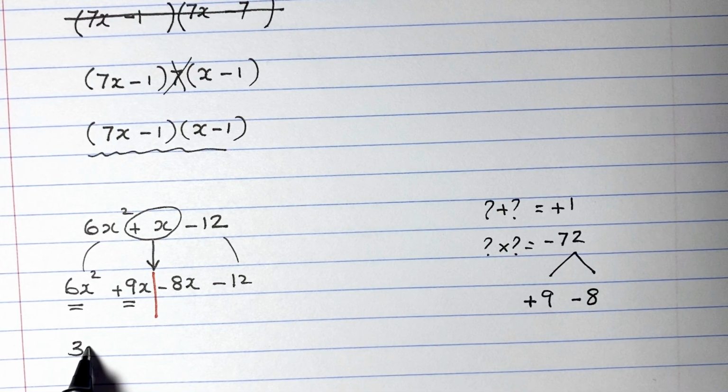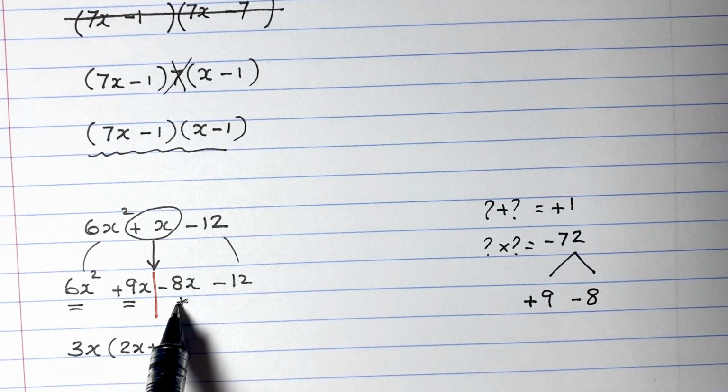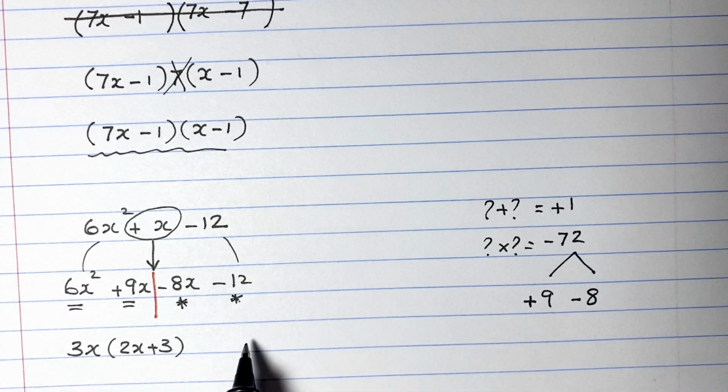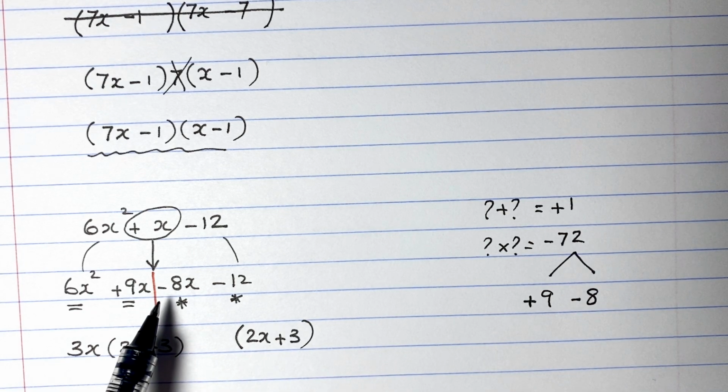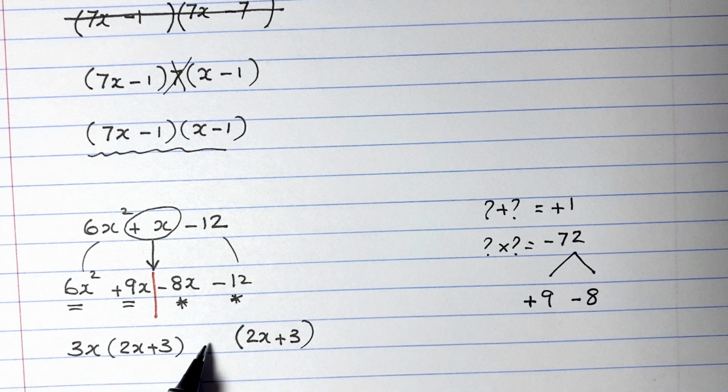I can factorize 3x from both to give me 2x plus 3. Factorizing something so it produces 2x plus 3. From here, what number outside here times 2x makes minus 8x? It must be minus 4. Check: minus 4 times 2x is minus 8x, and minus 4 times plus 3 is minus 12.